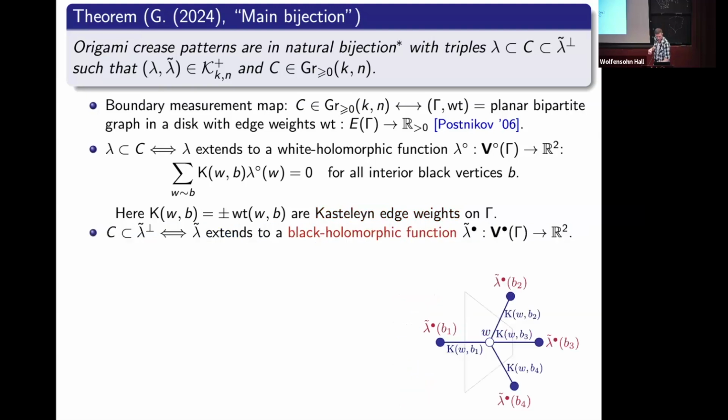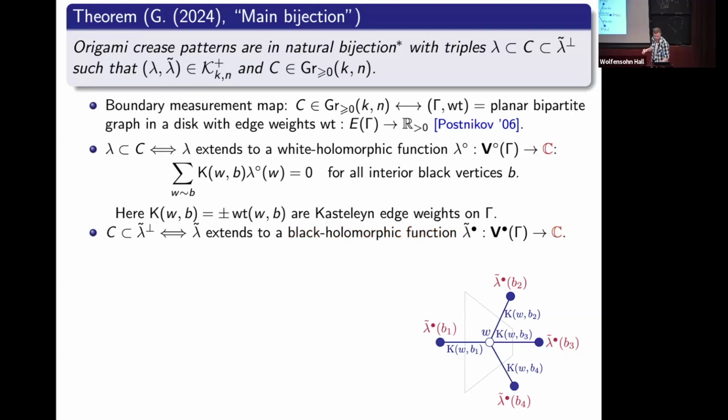And similarly, dually, if you look for black holomorphic functions which are defined on black vertices, and for each interior white vertex satisfy the same kind of linear equation, then this describes the orthogonal complement of C. So if I start with a triple, a two-plane lambda inside of C and a two-plane lambda tilde inside the orthogonal complement of C, then I'm going to end up with a pair of a white holomorphic function with values in R2 and a black holomorphic function with values in R2.